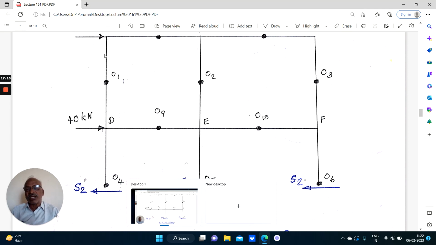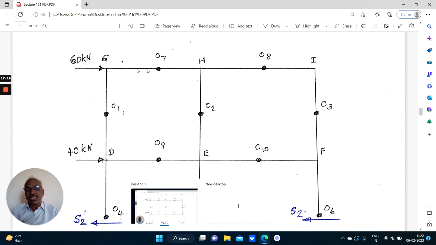O1, this is G. O1, G, O7 is considered as a free body diagram. Free body diagrams bounded by the hinges. And the next free body diagram will be O7, O8, O2, bounded by the three hinges. The third free body is O8, I, and O3.